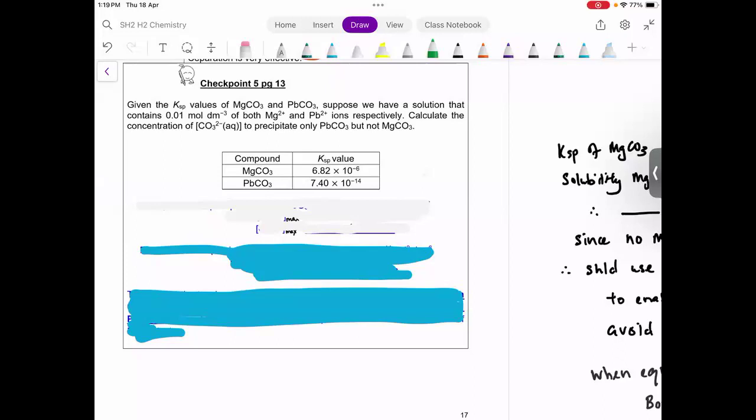Are you able to get the answer? Yeah, they are the same. Shouldn't it be the same or the same?